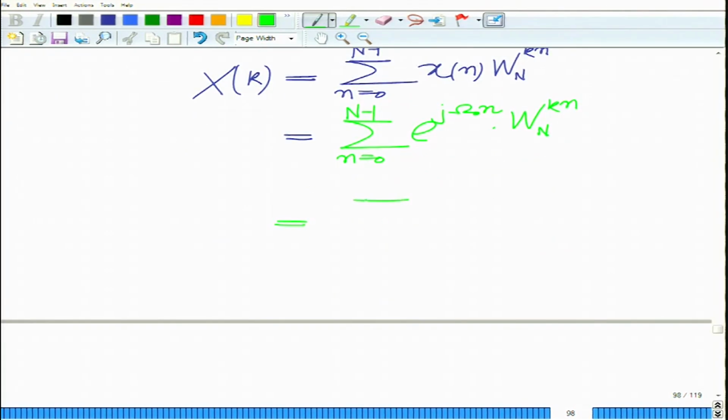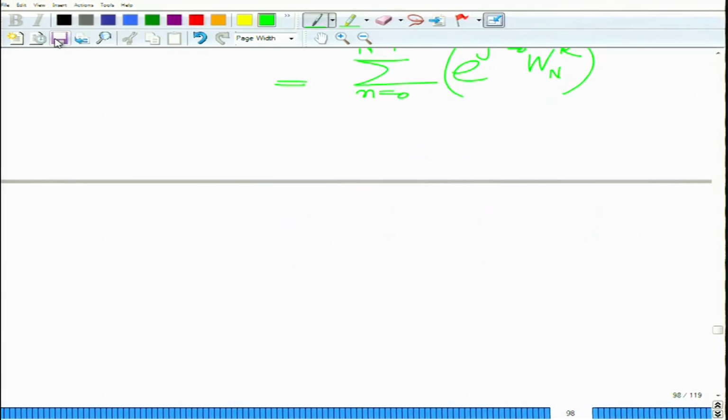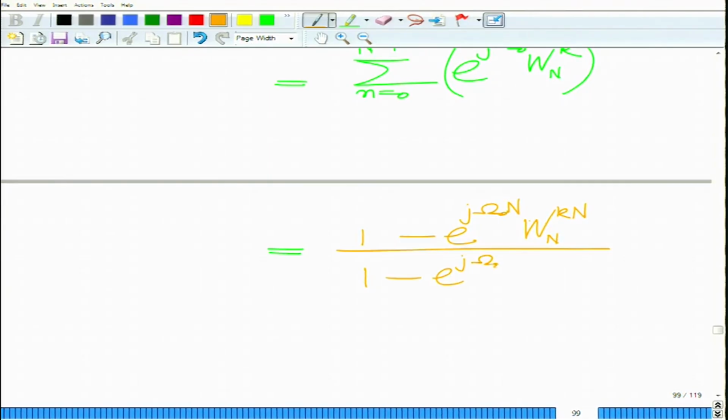This is a finite summation, so it is the summation of (e raised to j omega naught times W_N^k) raised to the power n, which equals 1 minus e raised to j omega naught N times W_N^(kN), over 1 minus e raised to j omega naught times W_N^k.